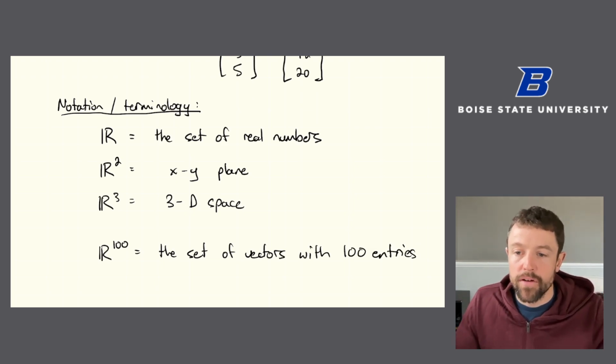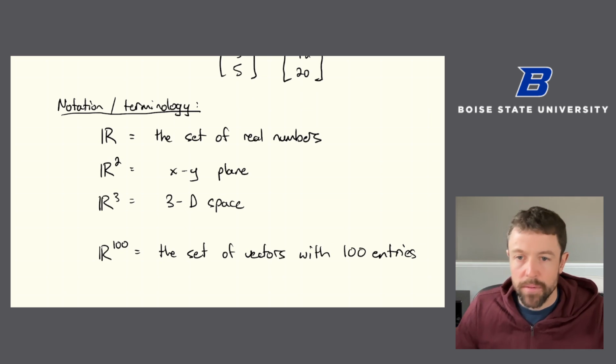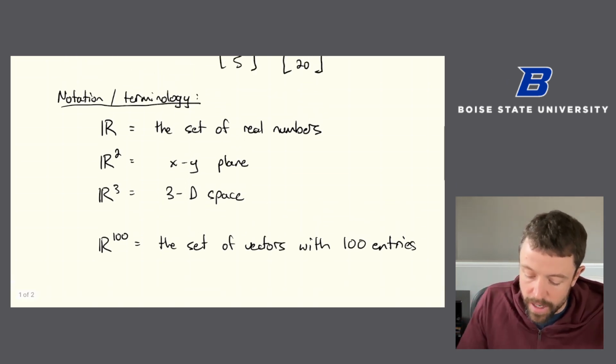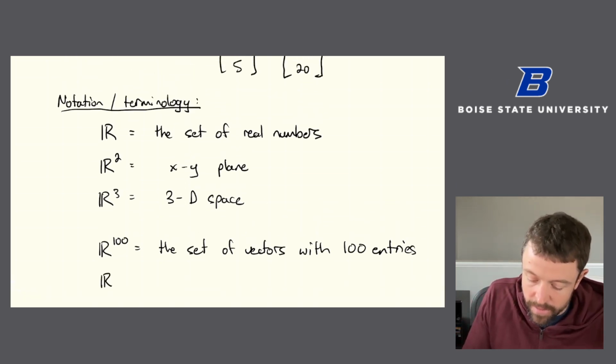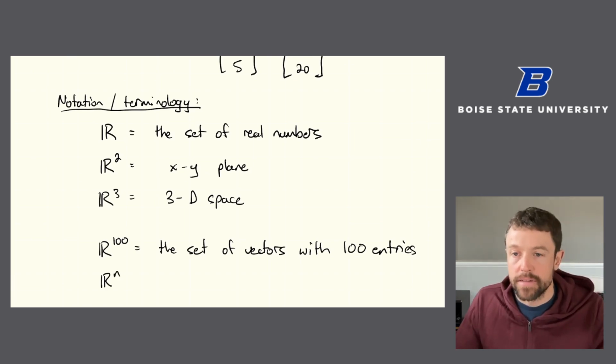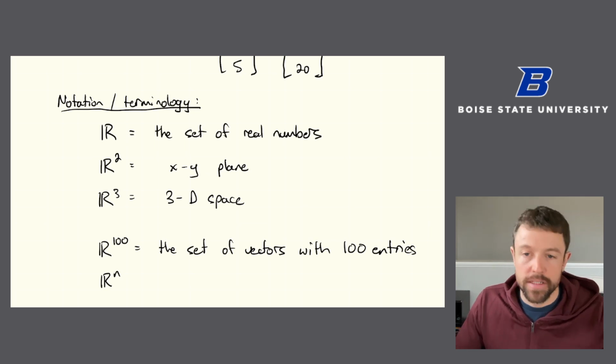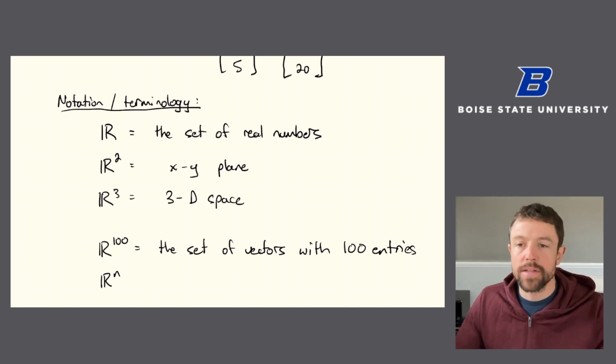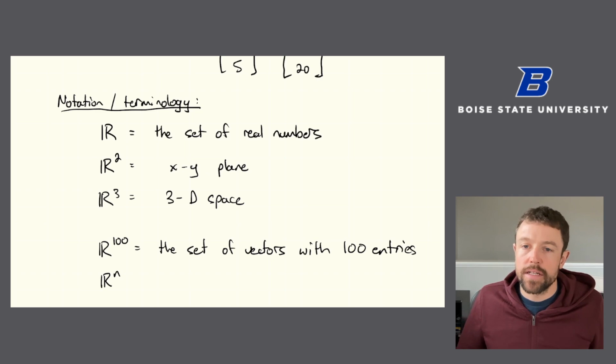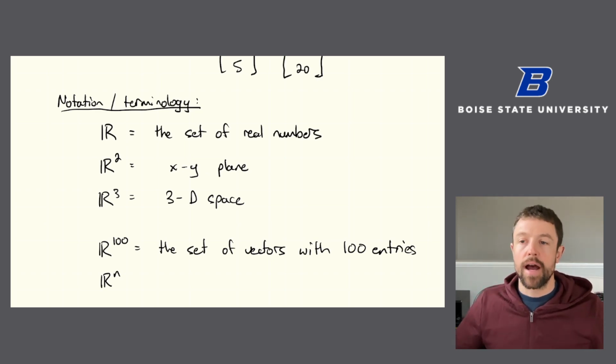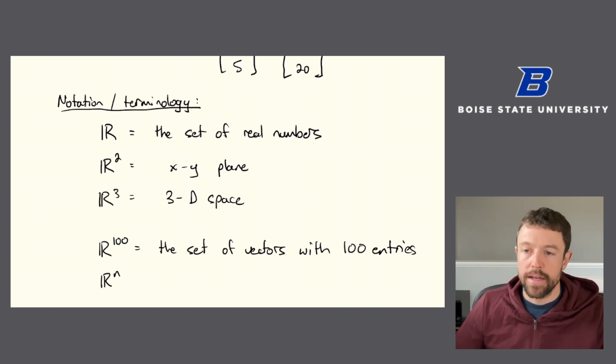And now when we want to refer to just arbitrary space where we don't want to specify the number, we'll often write just R^n, saying n is some positive number. All right, so this is just notation that allows us to talk and write about higher dimensional spaces in a nice, concise way.